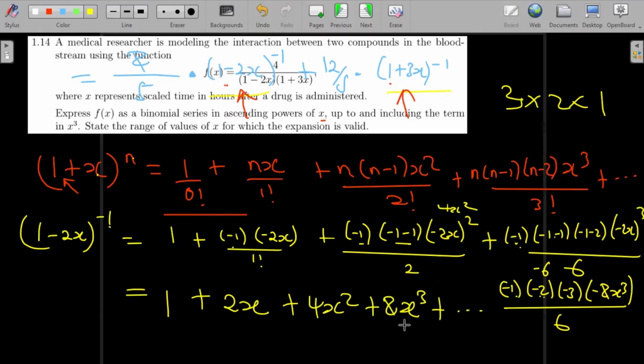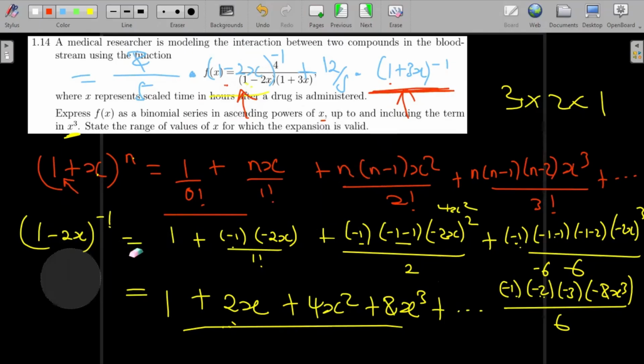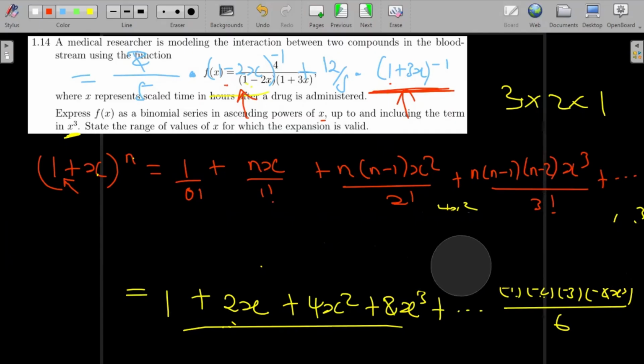It's still going, but here they just said up to x to the power 3, so we end here. So this is the expansion for the first one. Applying the same logic, we can also expand the other one. You can try it out, and I'll just write the answer there.